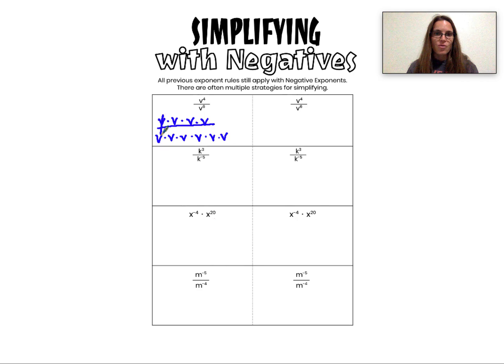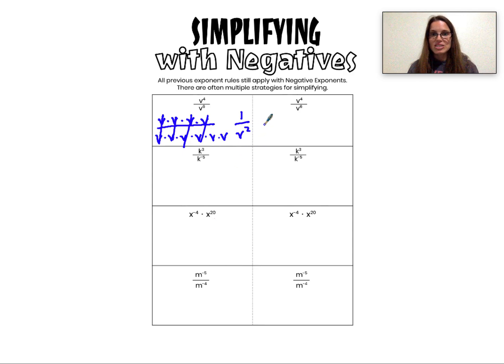Here we're looking for factor pairs that simplify to 1. V divided by v, v divided by v, v divided by v, v divided by v. So we have 4 pairs that simplify to 1. That means we end up with a 1 in the numerator and a v times v, a v squared, in the denominator. So recognizing there are more factor pairs in the denominator, we're ending up with a power in that denominator.